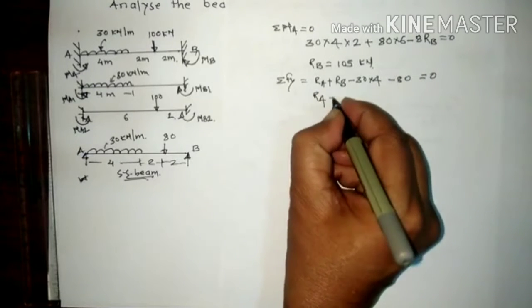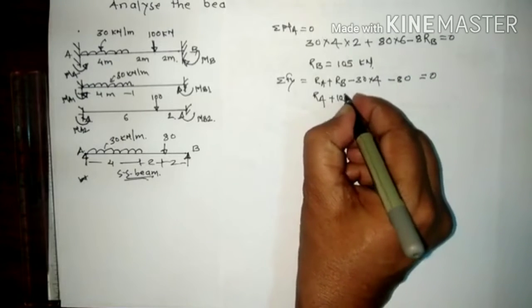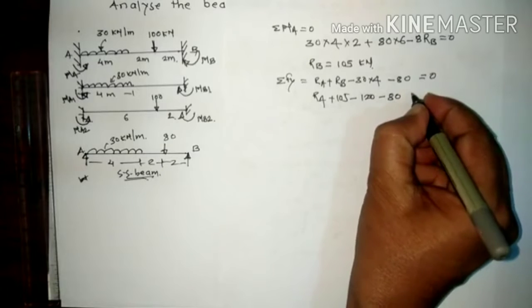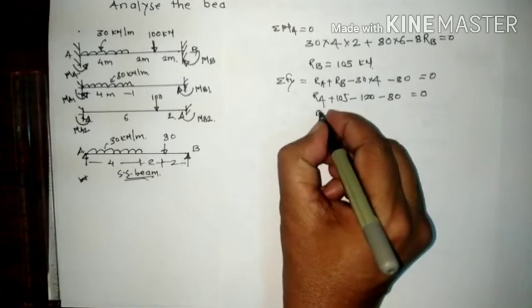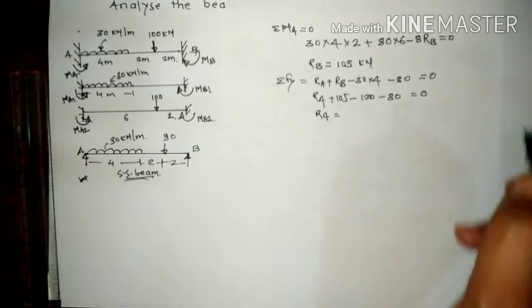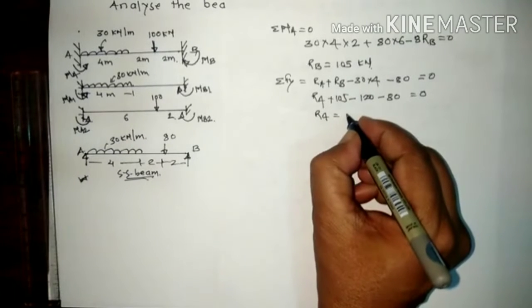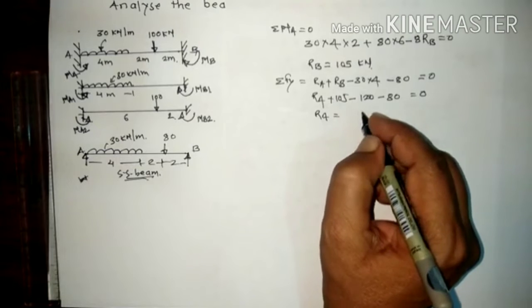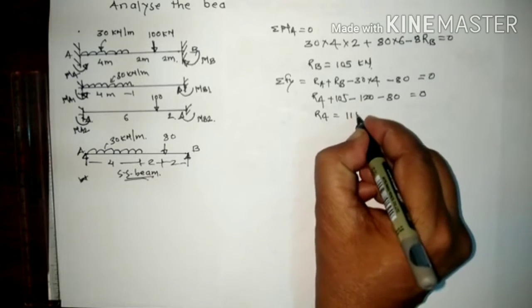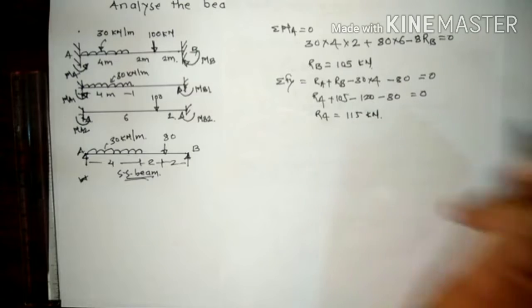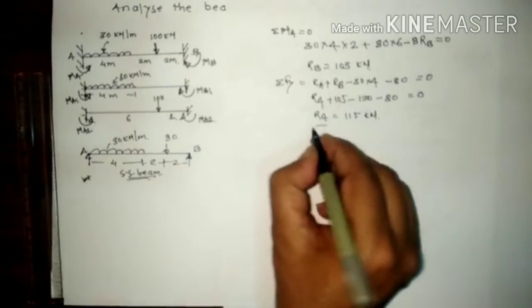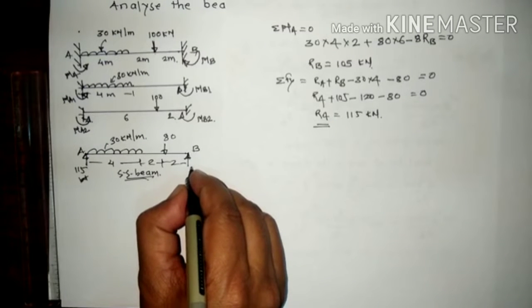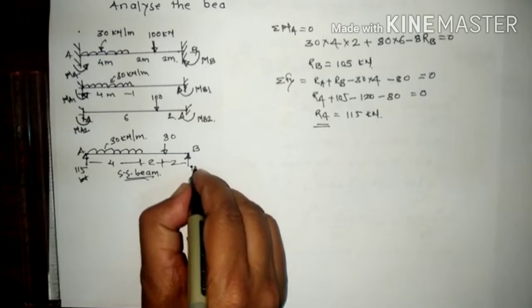So RA plus 105 minus 120 minus 80 is equal to 0. So this becomes RA is equal to 115 kilonewton. Okay, so we got the value of RA here is 115 for the simply supported beam, and here the value is 105.